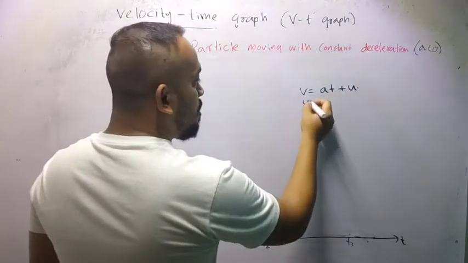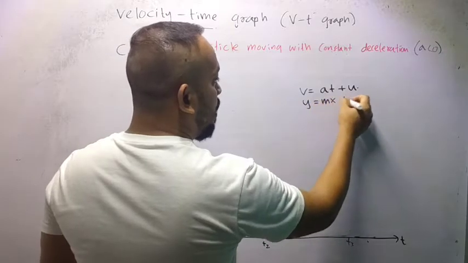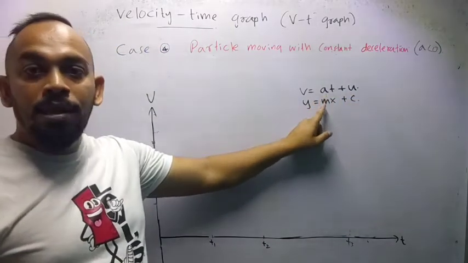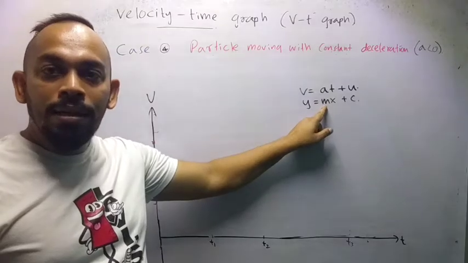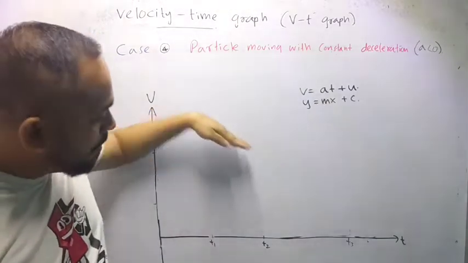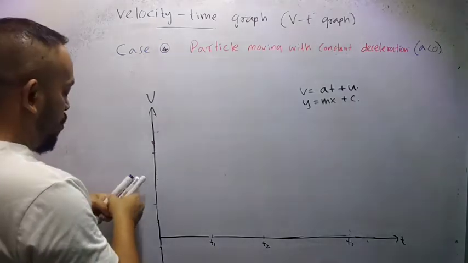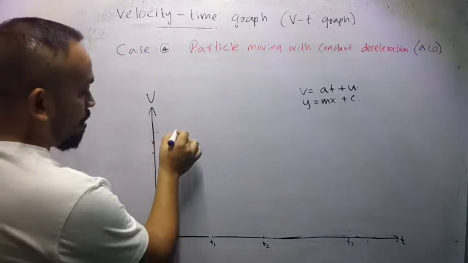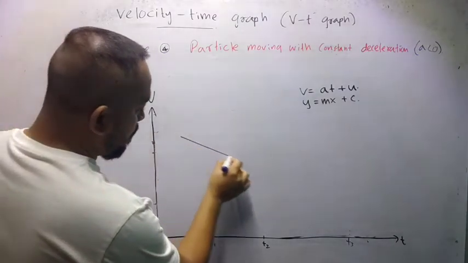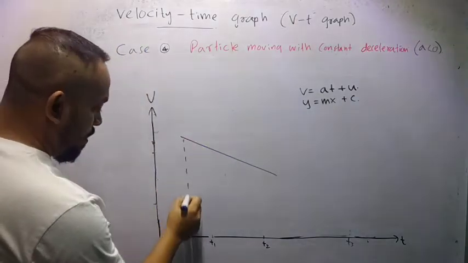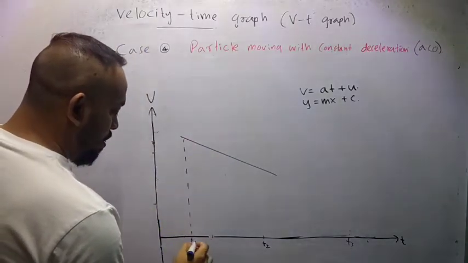So this is like y equals mx plus c, right? Since a is negative, gradient m is negative. So our line should look like this. Starting from T1 to T2.